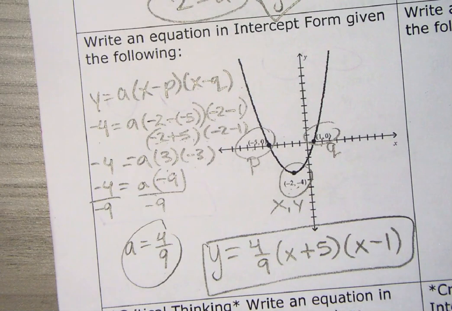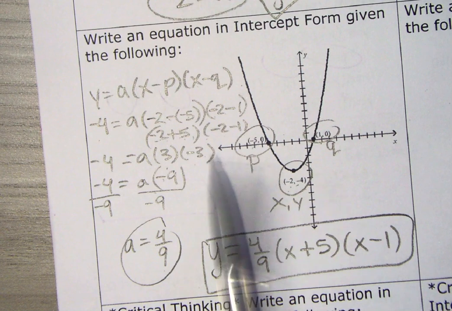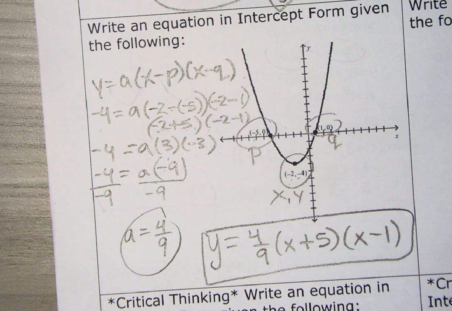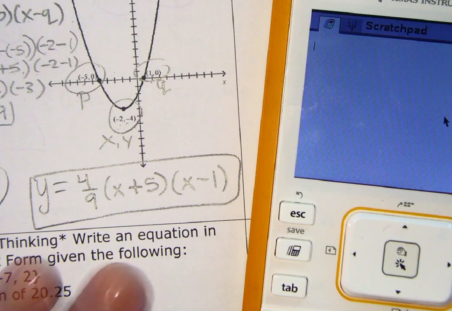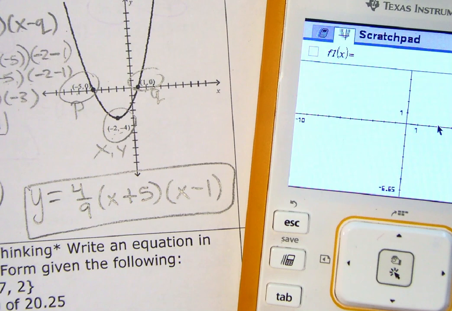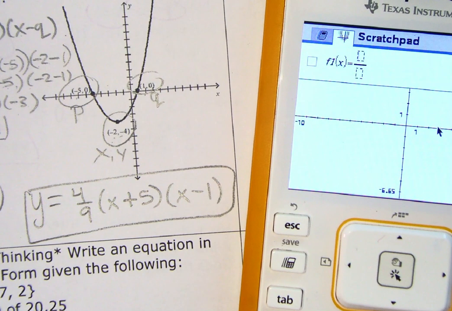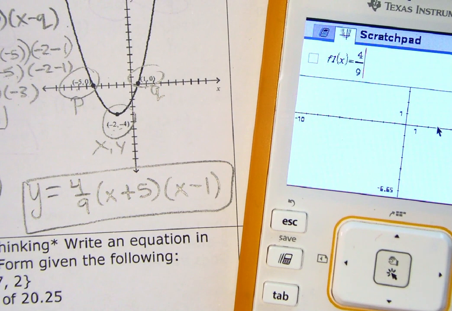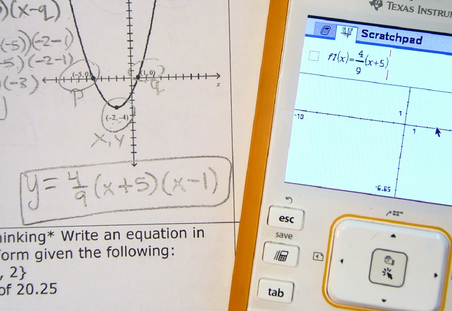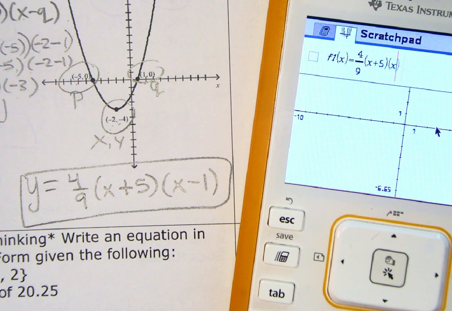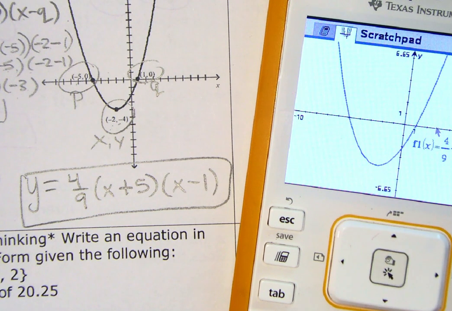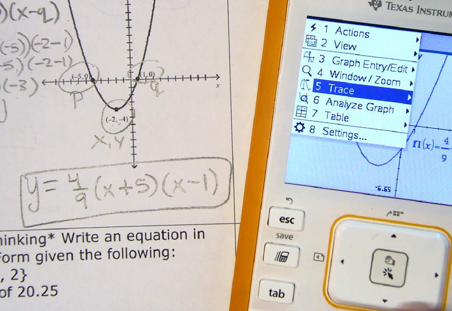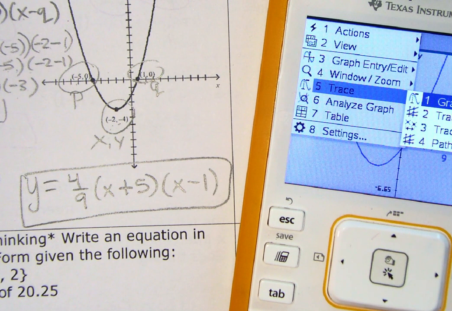If you want to also verify, just graph it in the calculator and double check that all these features are there. I'm just going to show you that real quick just so it can be on the video. It's going to be just typed the way you created it. And then you analyze it by menu, trace, graph trace.